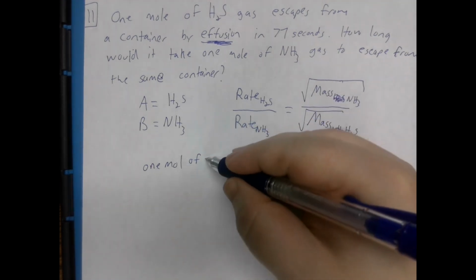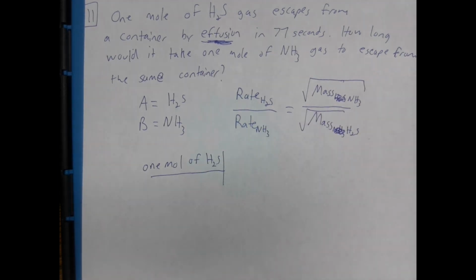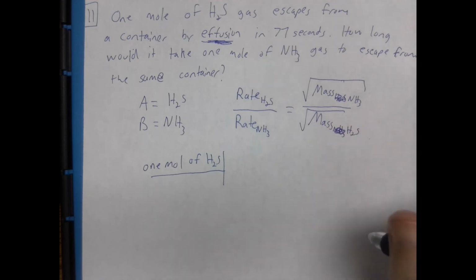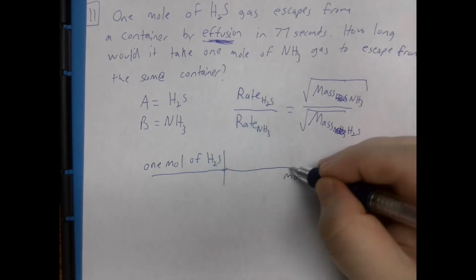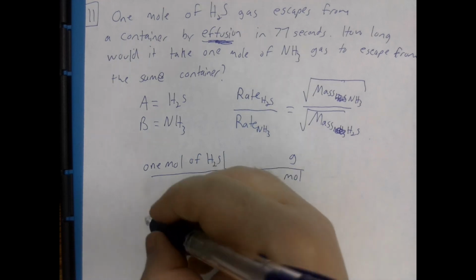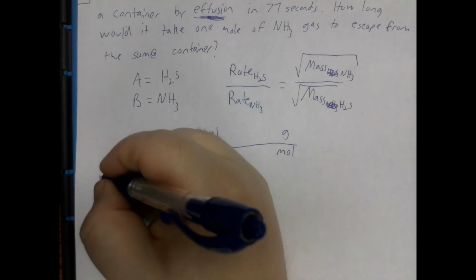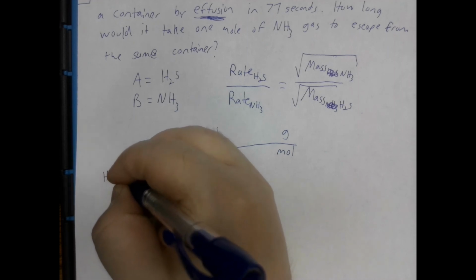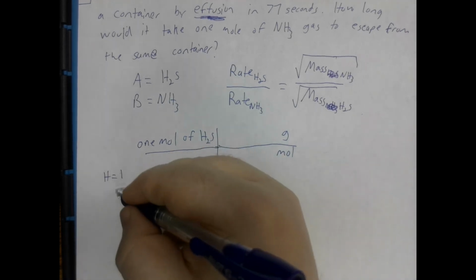So 1 mole of H2S, and we need to convert it into mass, so we need to use molar mass. I need to convert this into grams. We have a mole on bottom, a gram on top. I'm going to estimate this. You'll need to do the precise values. Hydrogen has a mass of roughly 1, and sulfur has about 28.